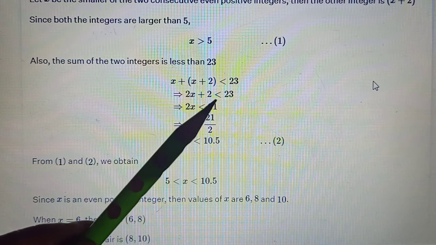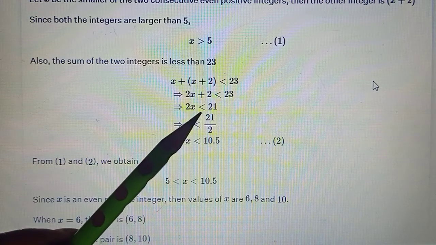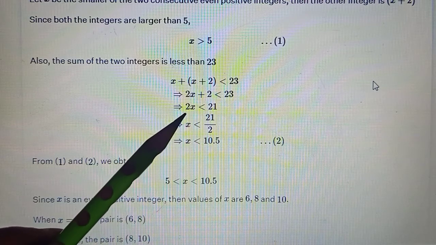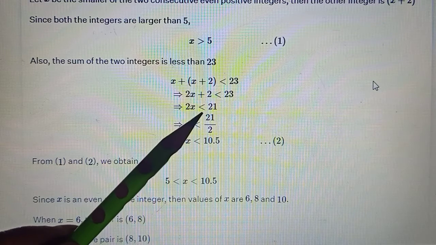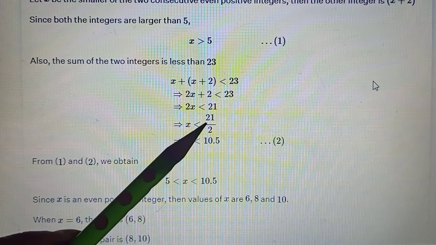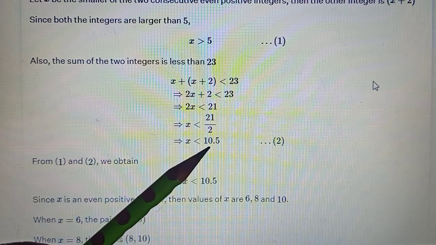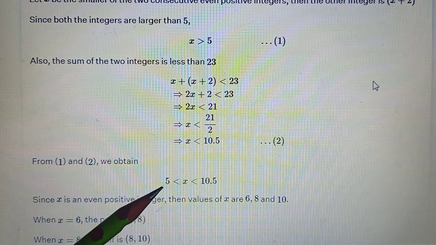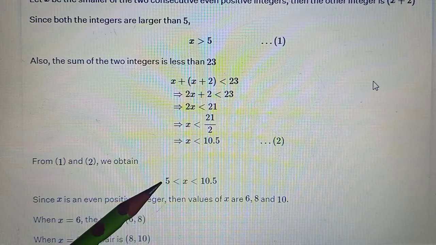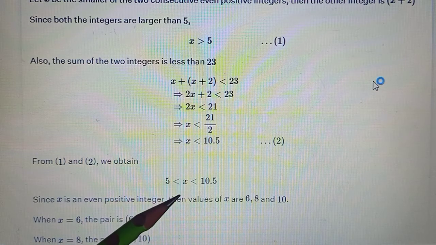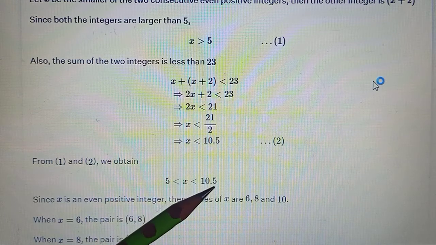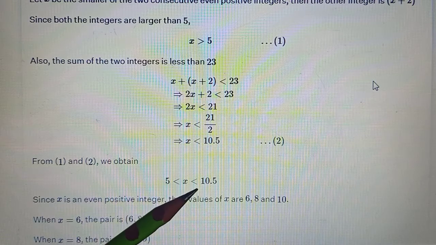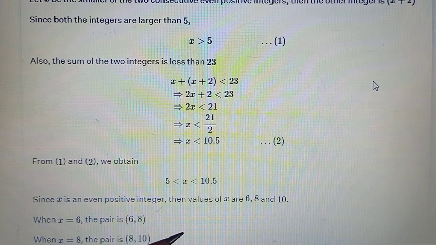Again 2x, but this time the sum was supposed to be smaller than 23. So 2x smaller than 23 minus 2, or x smaller than 21 by 2, that means 10.5. So now you look for all even numbers between 5 and 10.5. Those will be, first 6, then 8, and then 10 will also be included. It is smaller than 10.5. Okay, so 3 pairs you will get out here, right?